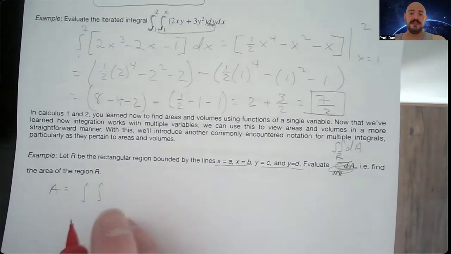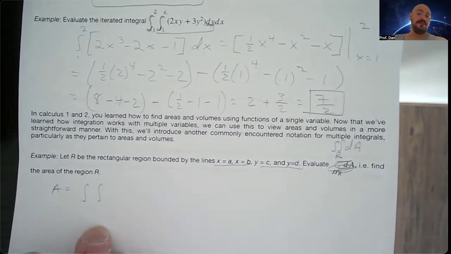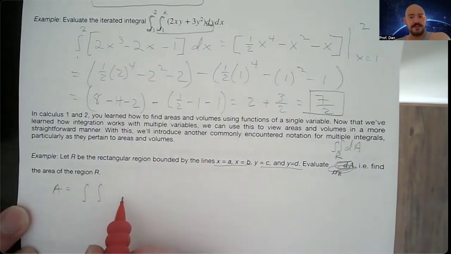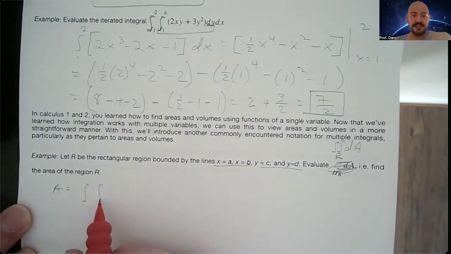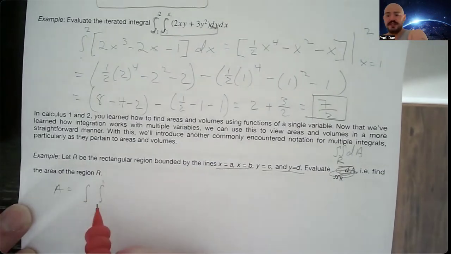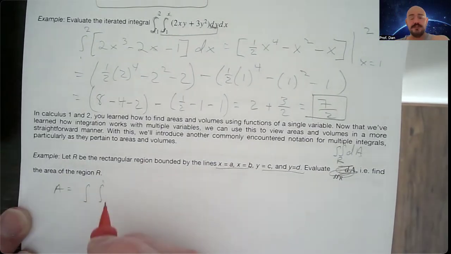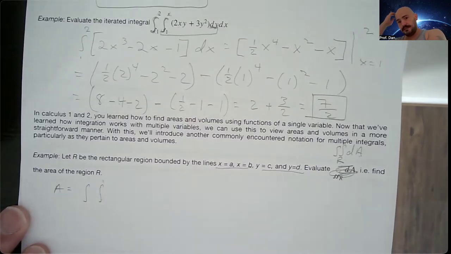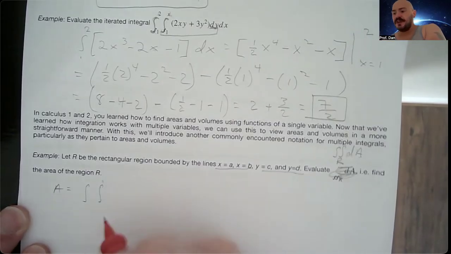So with this one, very important that you remember what I said earlier. The differential tells you what the bounds are values of. So for example, if I write dx first, then the inner one has to have x values as the bounds. If I write dy first, then the inner bound has to have y values as the bounds. It doesn't actually matter which order I do it in, I'll get the same thing, kind of similar to how our second partial derivatives worked.